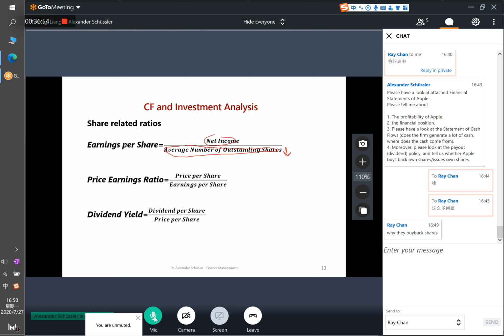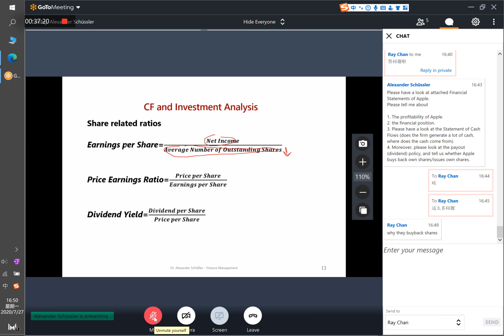It goes up. And it makes sense, because that's why the company engages in buybacks at all. It wants to do buybacks because that means the earnings per share increase at a faster rate than net income.